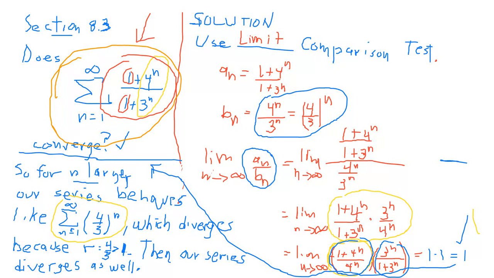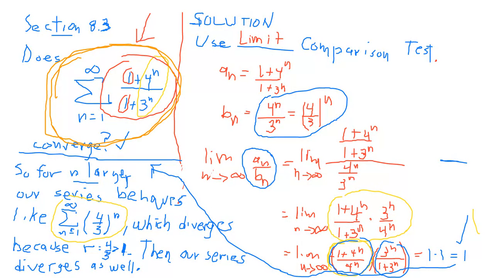All right, are there any questions on that? So I wanted to do this problem because you're going to see it in the new section 8.3 exercises, and you're going to be given series that might look kind of funny. Like this series here: 1 plus 4 to the nth power divided by 1 plus 3 to the nth power.